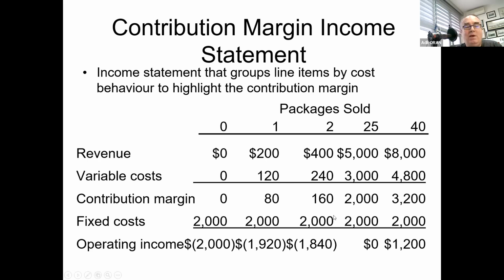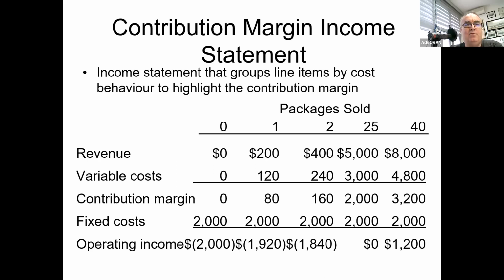Actually, we could have calculated this contribution margin without going through all these calculations. If we know that the contribution margin per unit is $80, I could simply have done 40 times 80 and directly calculated this contribution margin. Minus the fixed costs means that 1,200 is left over as a net profit for this company. So we're making money.